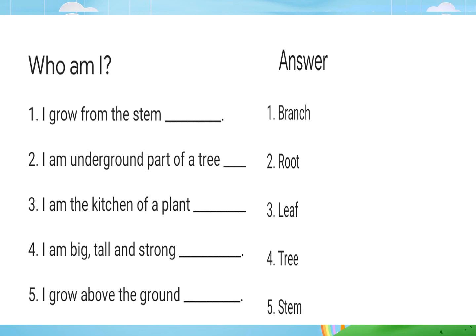I grow from the stem. Say louder. I grow from the stem. Branch. B-R-A-N-C-H. Once again say the spelling. B-R-A-N-C-H.